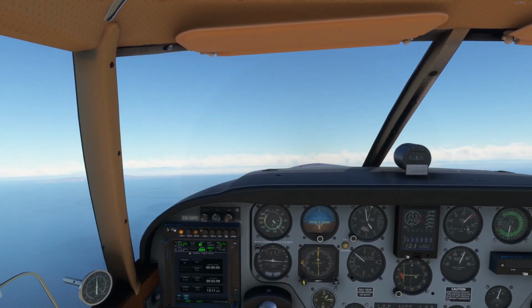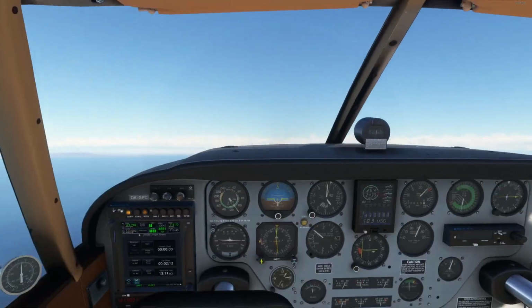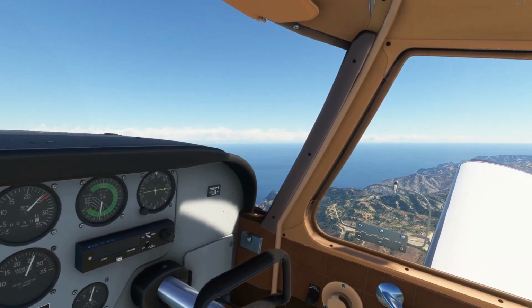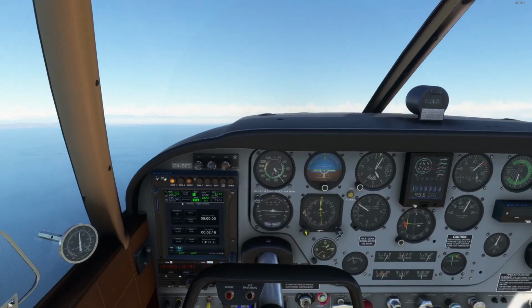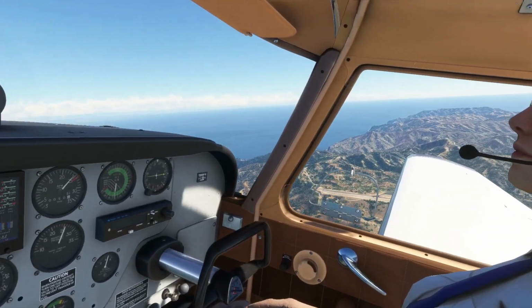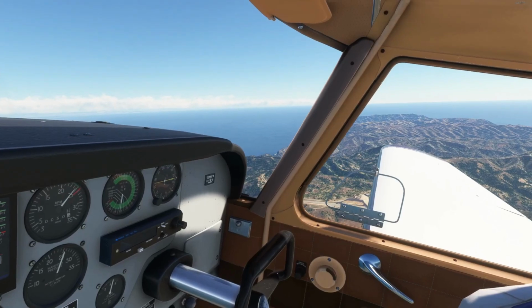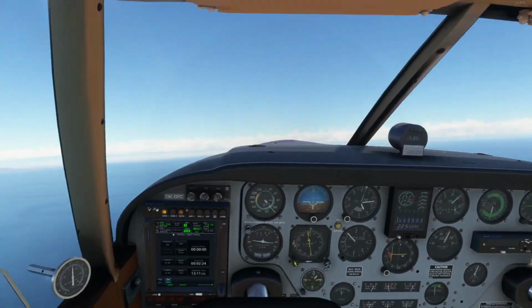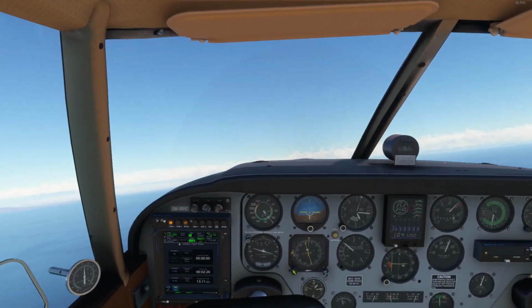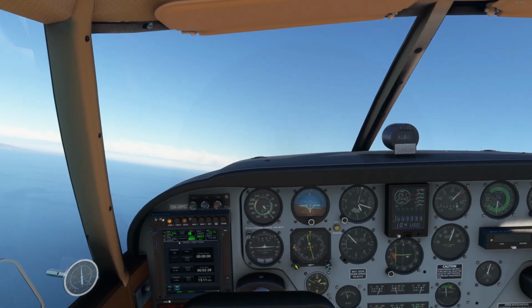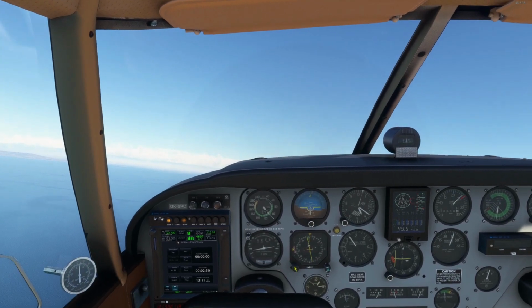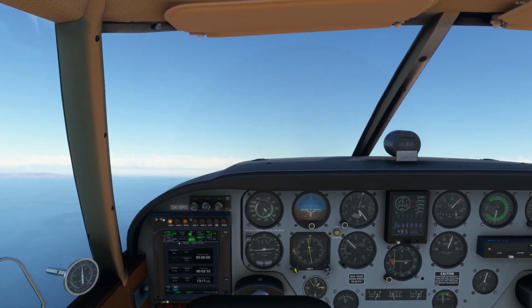Catalina traffic, Oscar Kilo Golf Papa Charlie is at 4,000 feet abeam the airport right now to its north, or to the west, and continuing to the mainland. Catalina.